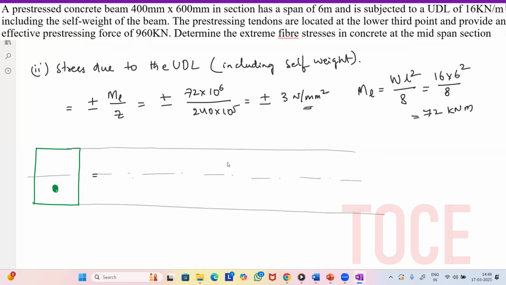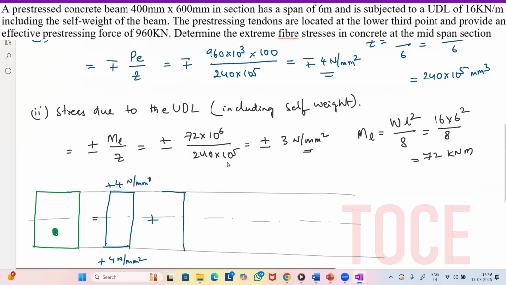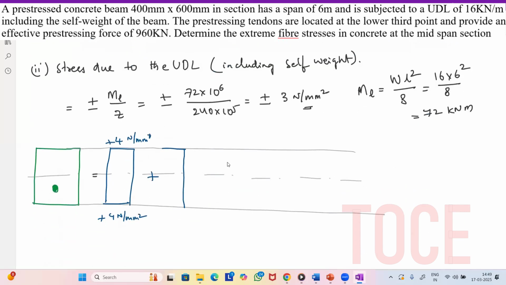So now we'll have the direct stress, which is positive throughout the section. That is plus 4 Newton per mm square on top and plus 4 Newton per mm square on bottom. Then due to the eccentricity, negative on top. So how much? Minus 4 Newton per mm square, and at bottom it is plus 4 Newton per mm square.